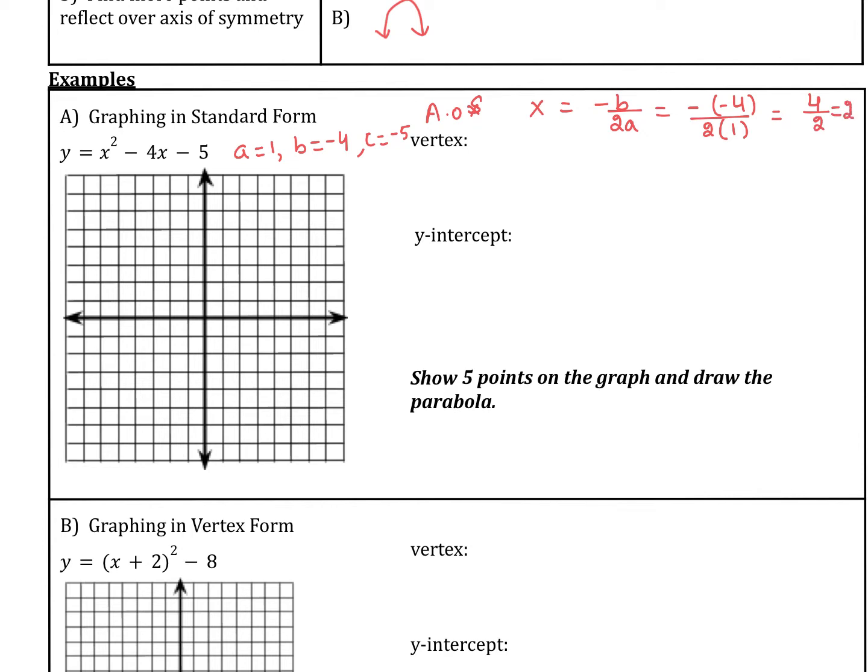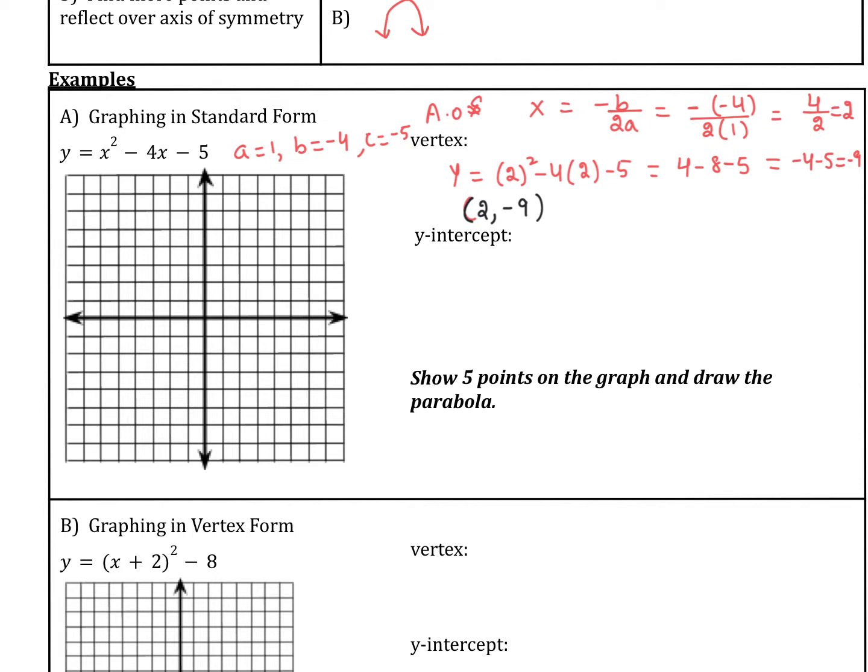To find the vertex, you plug the 2 into the given equation and find y. That's 4 minus 8 minus 5, which is negative 9. So the vertex is 2 comma negative 9.